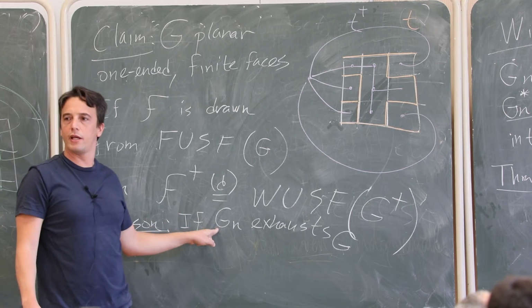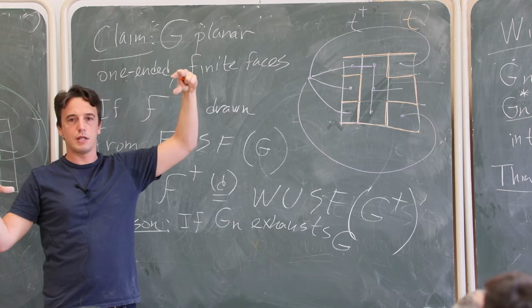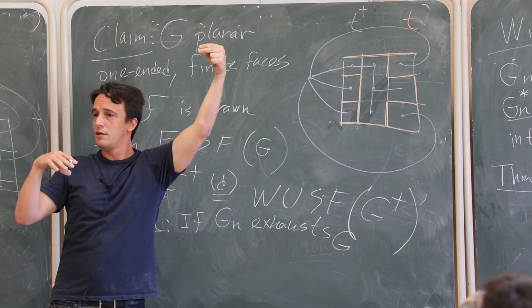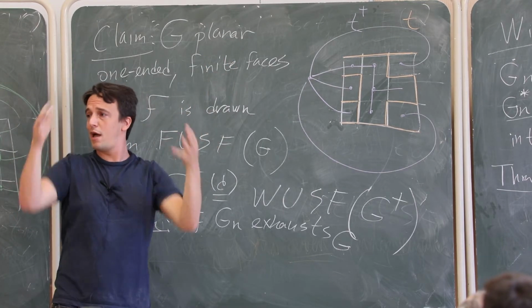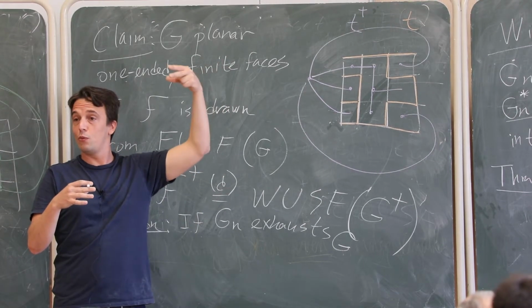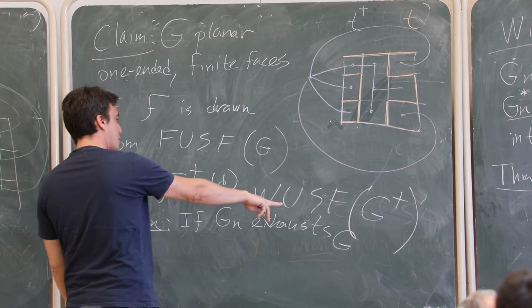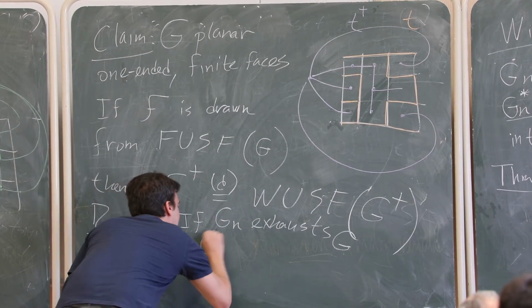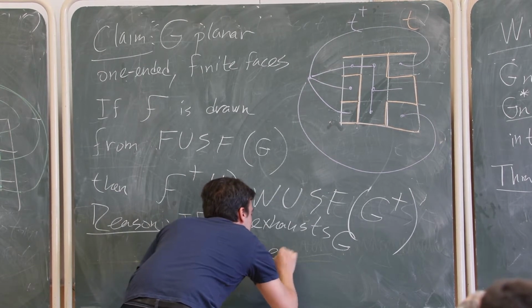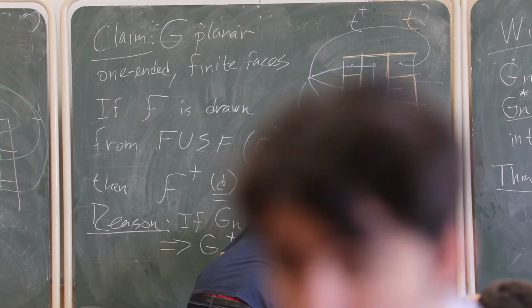Now I have finite planar graphs. Think about Gn as n by n cubes. I look at Gn cross, it's going to be a cube with this new vertex outside, so Gn with a vertex that is connected to all the boundary, right? Because this is what we do in planar duality. So it will be a star exhaustion of the dual graph. So if Gn exhausts G, then Gn cross is a star exhaustion of the infinite dual.